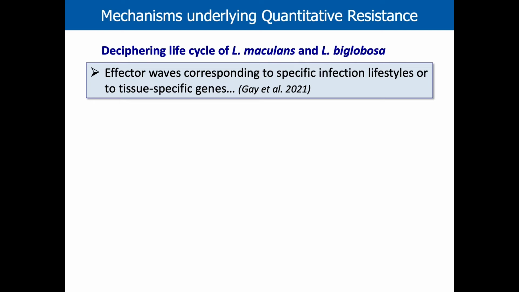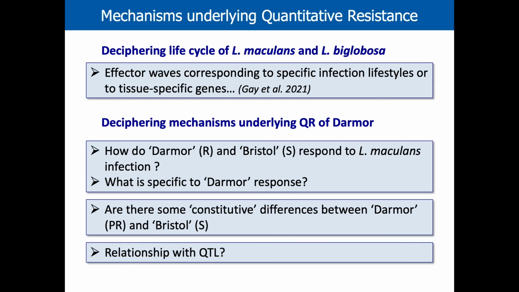I will not detail the results here, but Elise Gay identified different effector waves that correspond to specific infection lifestyles or to tissue-specific genes. Our objective was also to decipher mechanisms underlying quantitative resistance of Darmor.